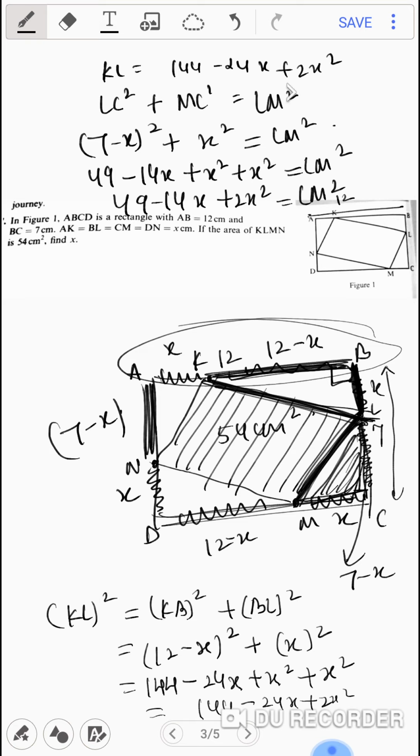Yes, so in a way I got LM square and I got KL square. Okay, so I'll use another page to write it down, or I'll erase this part.